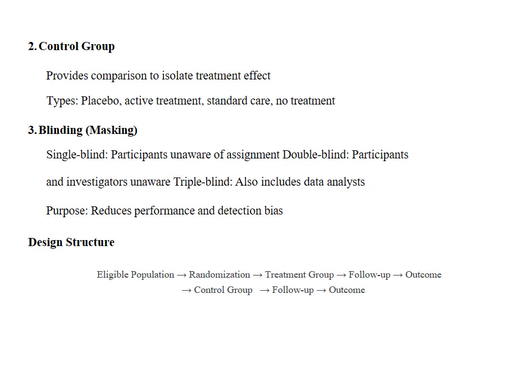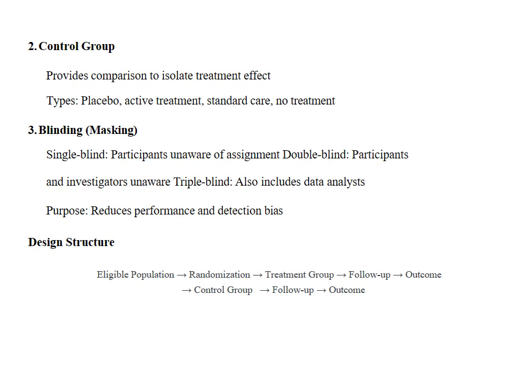Blinding. Single blind: participant unaware of assignment. Double blind: participants and investigator unaware. Triple blind also includes data analysts not knowing, and the purpose is to reduce performance and detection bias. Design structure: eligible population, randomization, then the treatment groups, then follow-up and outcome.